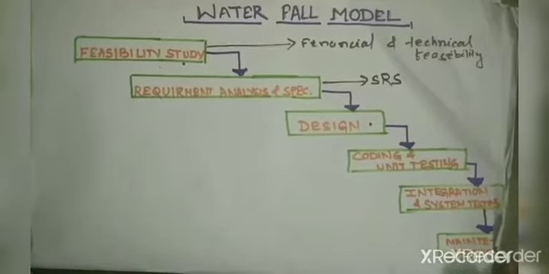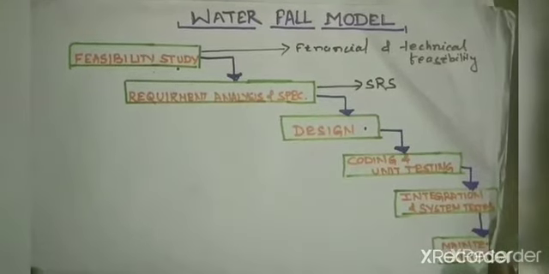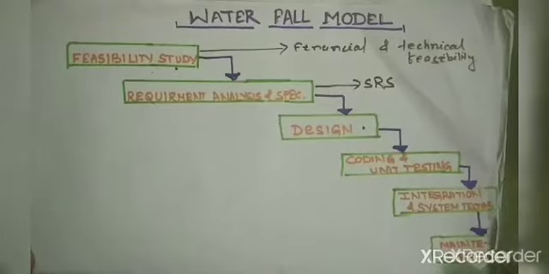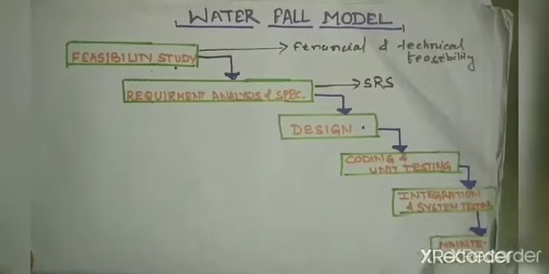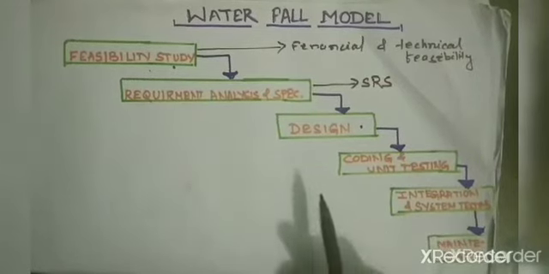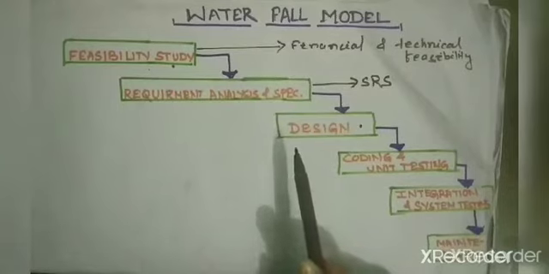So, what is the drawback of the waterfall model? The waterfall model says that there will be no error, or if there is an error in any phase, it will be corrected in that phase. We cannot go back to another phase.